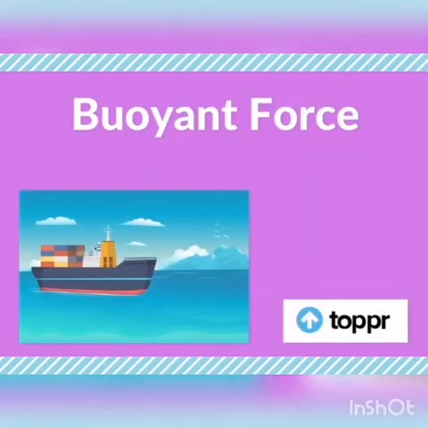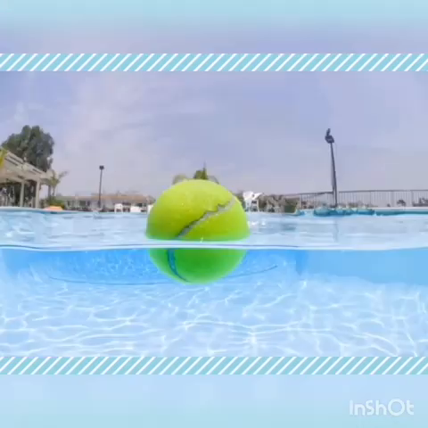Okay. So, the next one is buoyant force. When you drop something in water, that object will either float or sink in water, isn't it? If it is heavy, for example stone, it will sink in water. If you put a rubber ball into water, it will float.